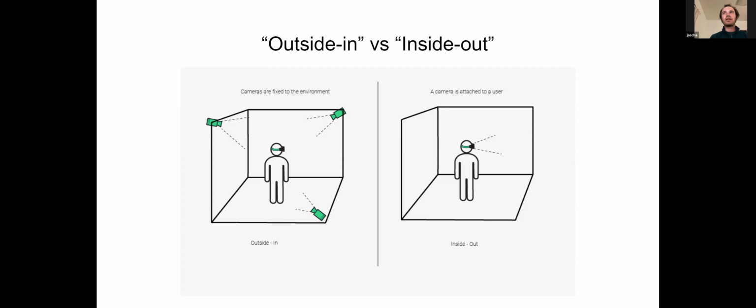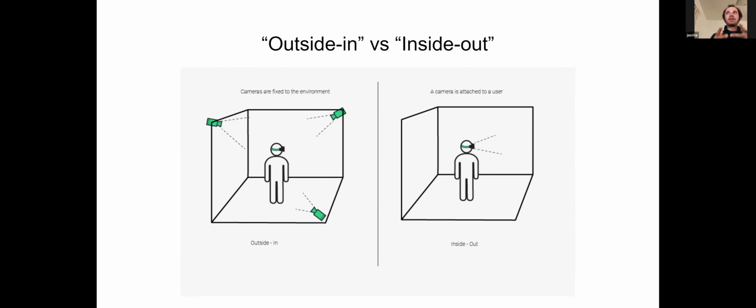The concept is that you have some background infrastructure. In this case, it might be a room or a building or a planet. And it's: do we have sensors or emitters on the infrastructure, these usually stationary objects, or do we have the sensors or emitters on the mobile object, which in this case would be the user in the VR/AR case? And this is a very important distinction for a long list of reasons.